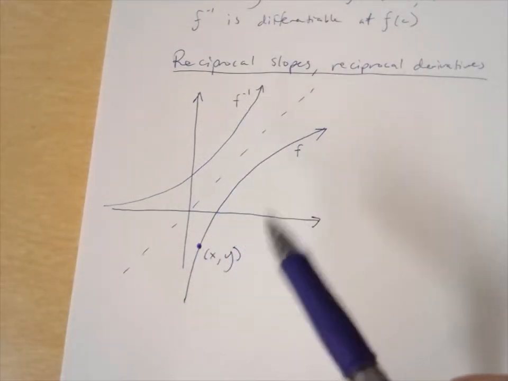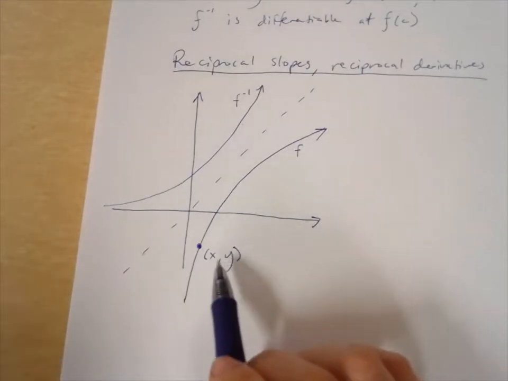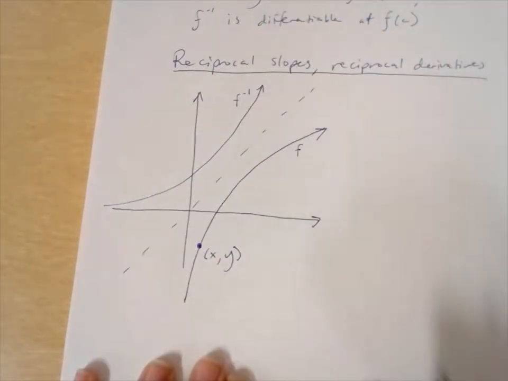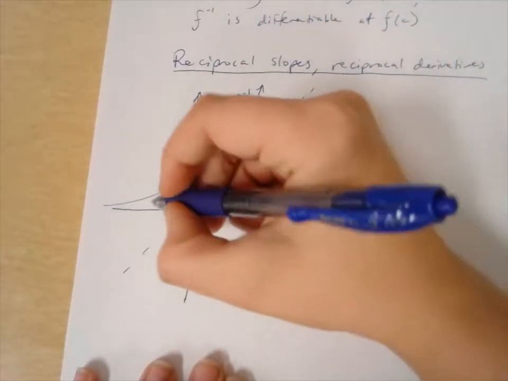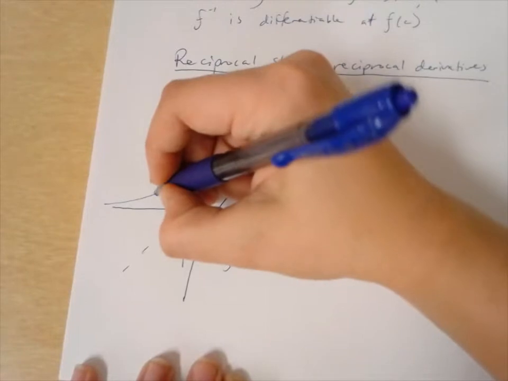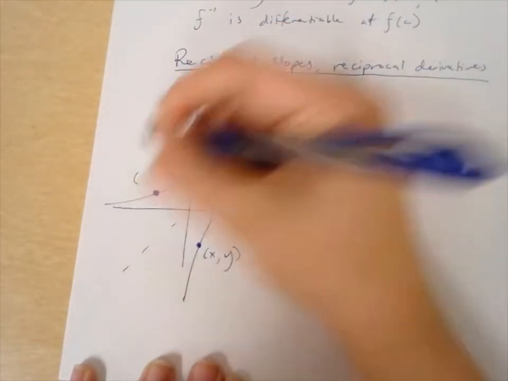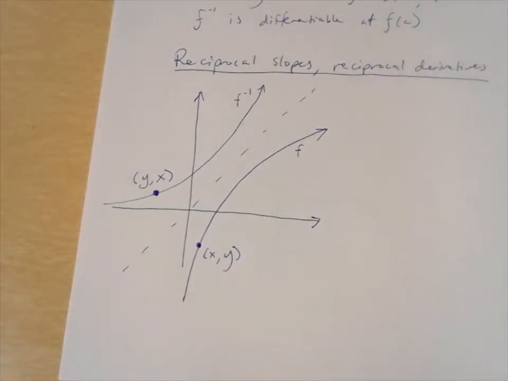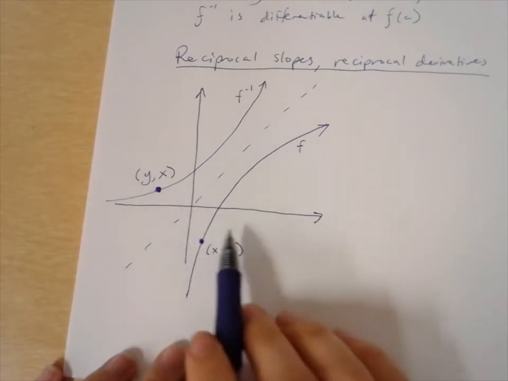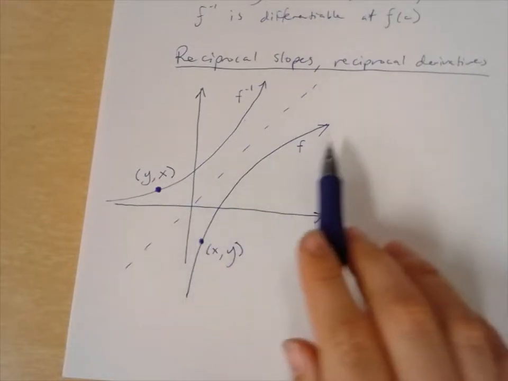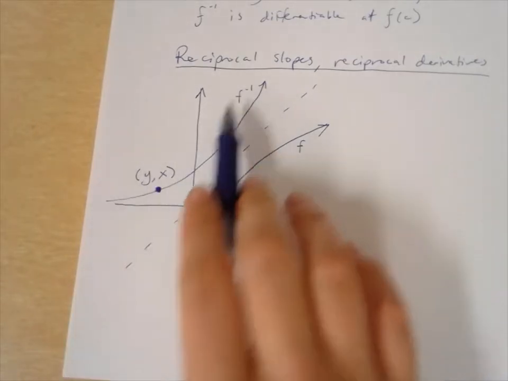So instead of x, y, we'll have the point y, x on f to the negative 1, reflected across the line y = x. And again, that makes sense because the domains and ranges switch for functions and their inverses. So every point x, y we have on this line, we have a same point over here, y, x.